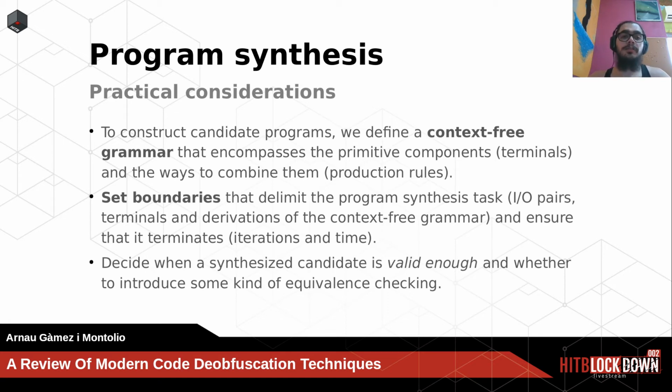Then we usually need to set some boundaries that will delimit the task of program synthesis, let it be the number of input-output pairs, the number of terminals and derivations of the context-free grammar to construct the candidate programs, and we would need to ensure that the task of program synthesis terminates. So basically, we need to put a maximum number of iterations or a timeout for each task. And finally, we usually need to decide when we consider that a synthesized candidate is valid enough, okay? And whether we want to introduce some kind of equivalence checking and in which way.